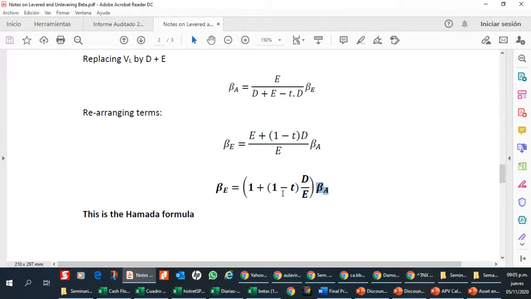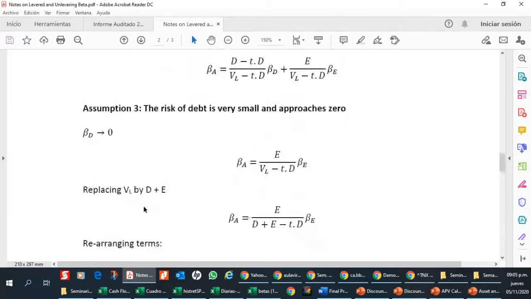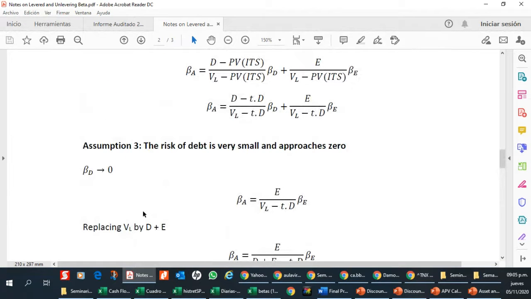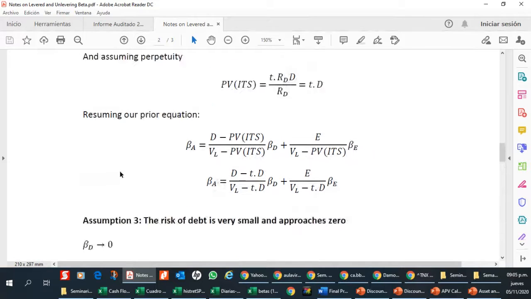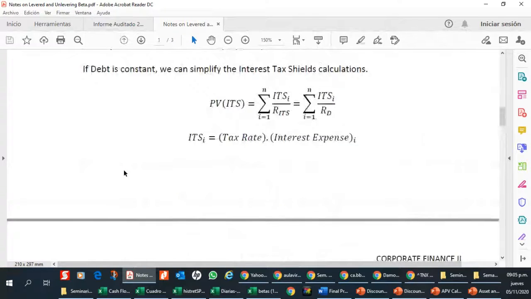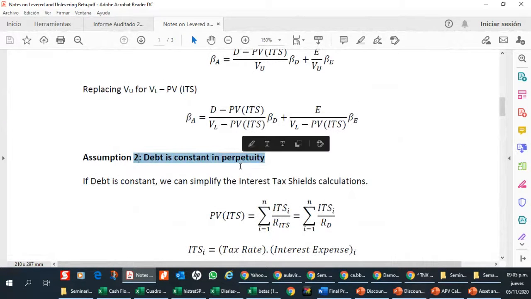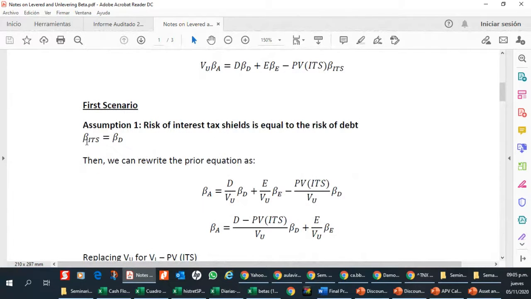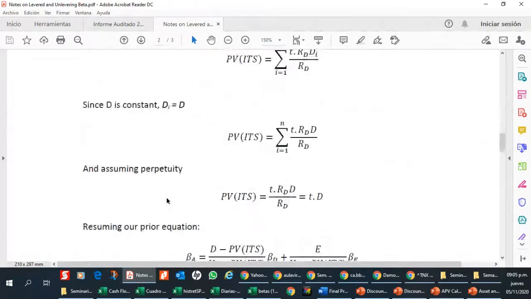This is our typical Hamada's formula that you're going to see applied over and over by practitioners, and they usually assume the level of leverage is low. But implicitly, they are assuming everything that I have said: that the beta of debt approaches 0, that debt is constant in perpetuity, and that the beta of interest taxes equals the beta of debt as part of that calculation.